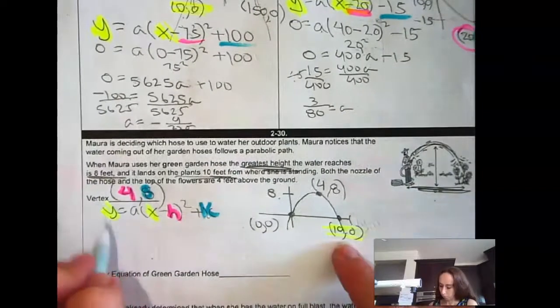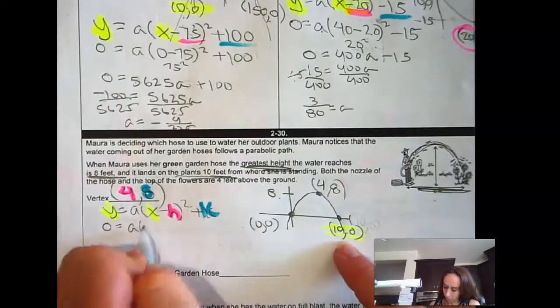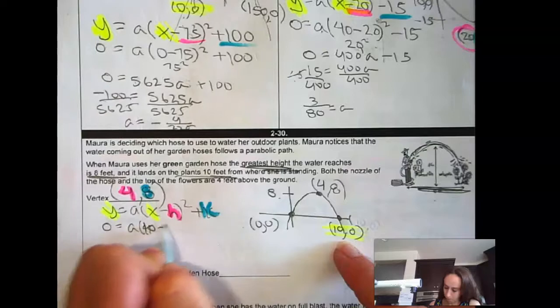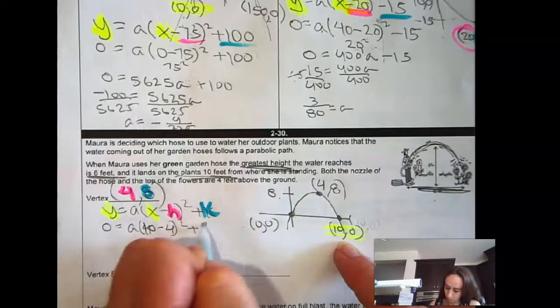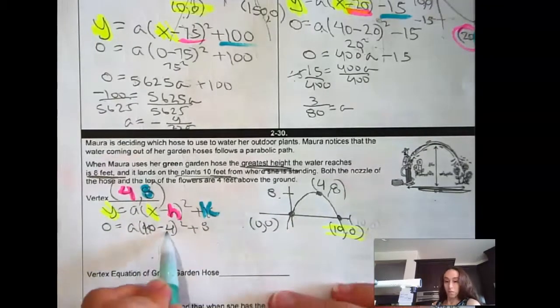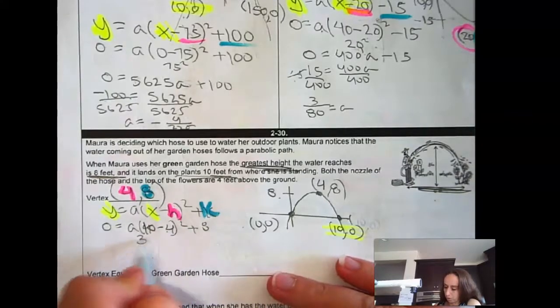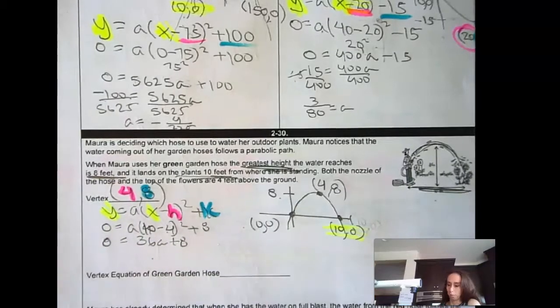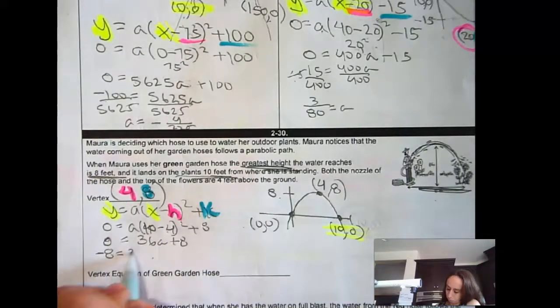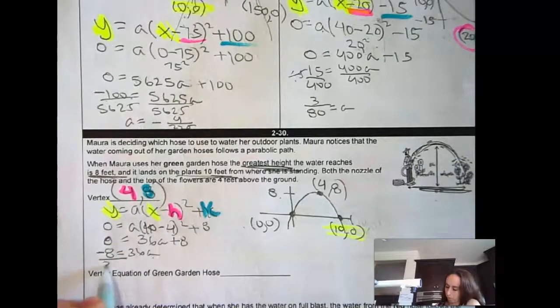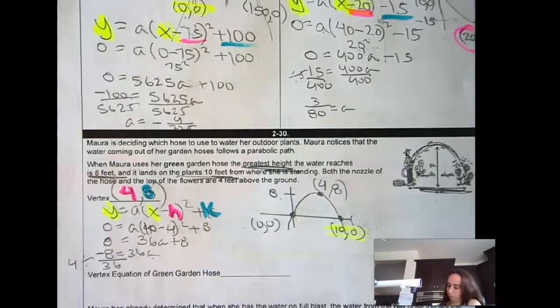Okay? So 0 equals a times 10 minus 5 squared plus 8. 10 minus 5 is 5. Squared is 25. Times a is 25a. Subtract 8. Divide by 25.